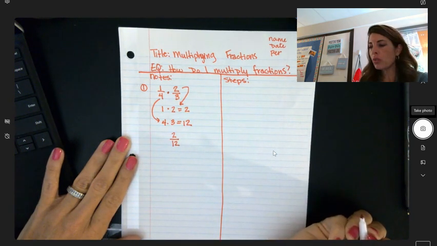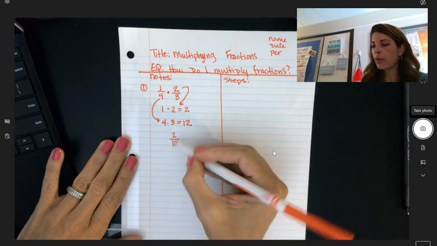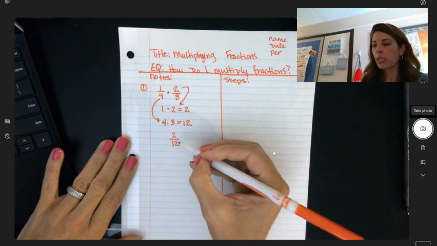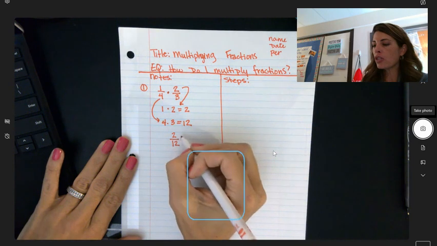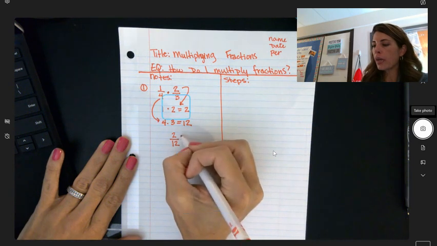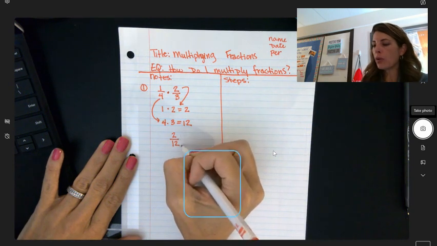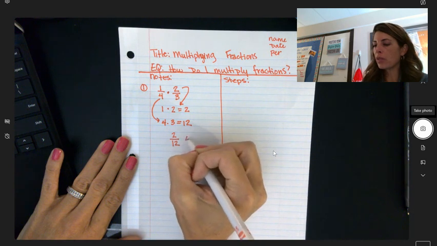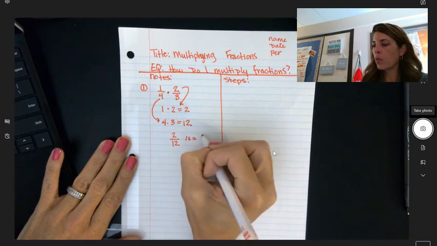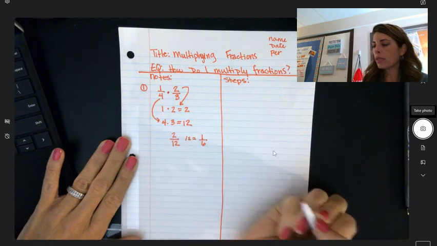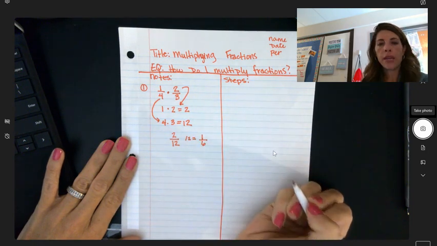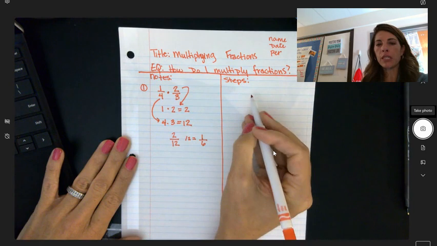And then I want to reduce because I know that I can make this a little bit smaller and a little cleaner. So if I take 2 and I divide it by 2, and I take 12 and I divide it by 2, okay, then I get 1/6. And that's my answer.